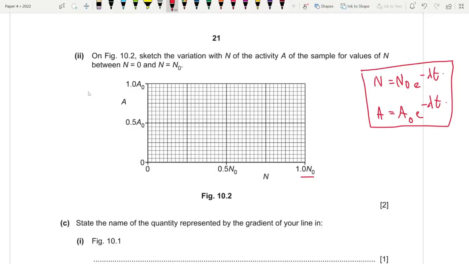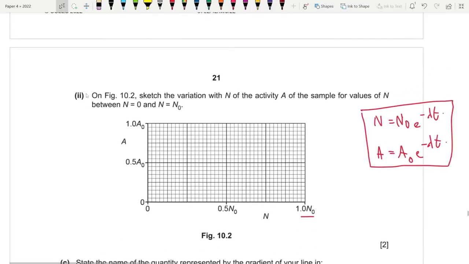When we have a higher number of particles, we will also have greater activity, because you guys know the equation connecting them, right? A determines activity, and N determines the number of unstable nuclei.